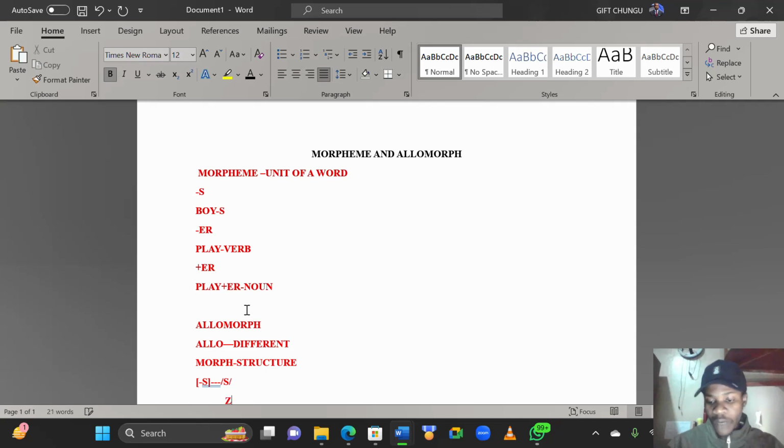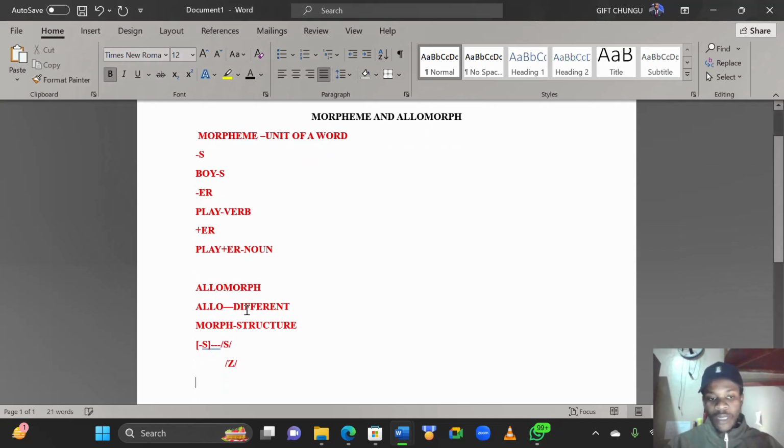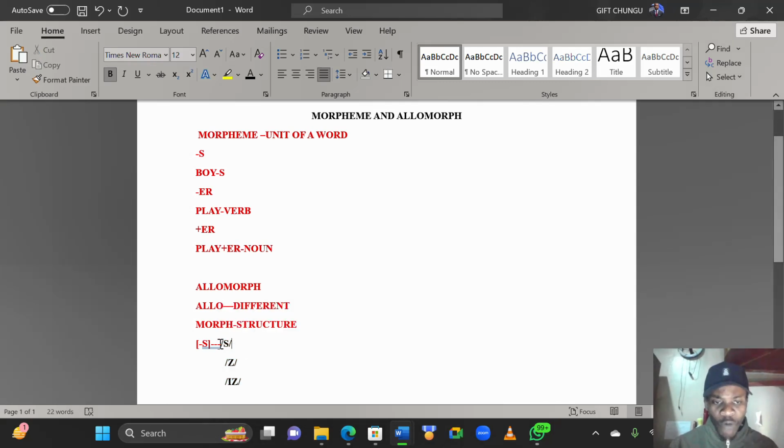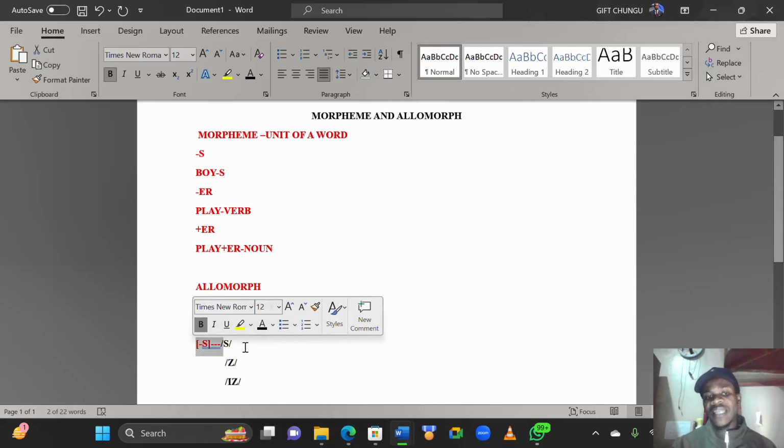It can also come out like that, like this one, like that one. What I'm trying to explain here is that these highlighted forms are allomorphs of the same morpheme, the one on this side.